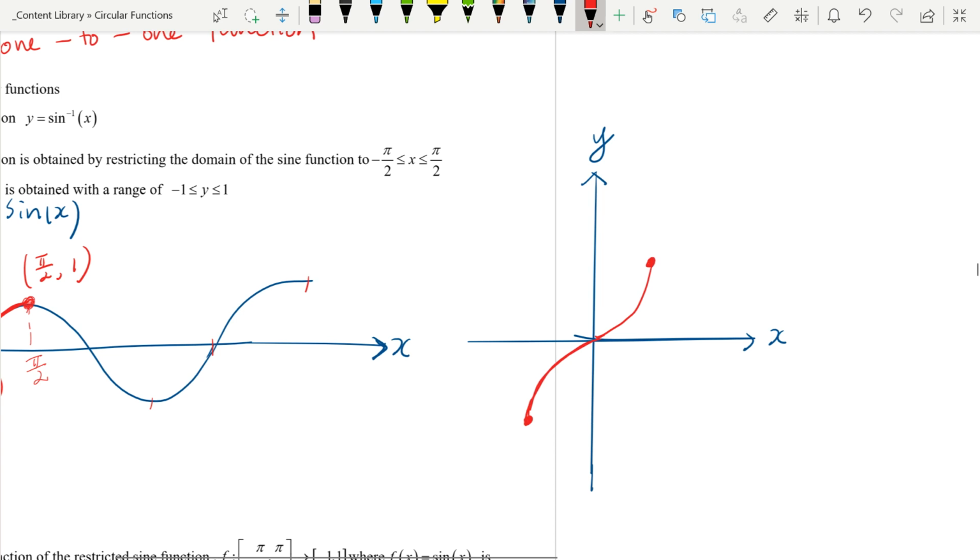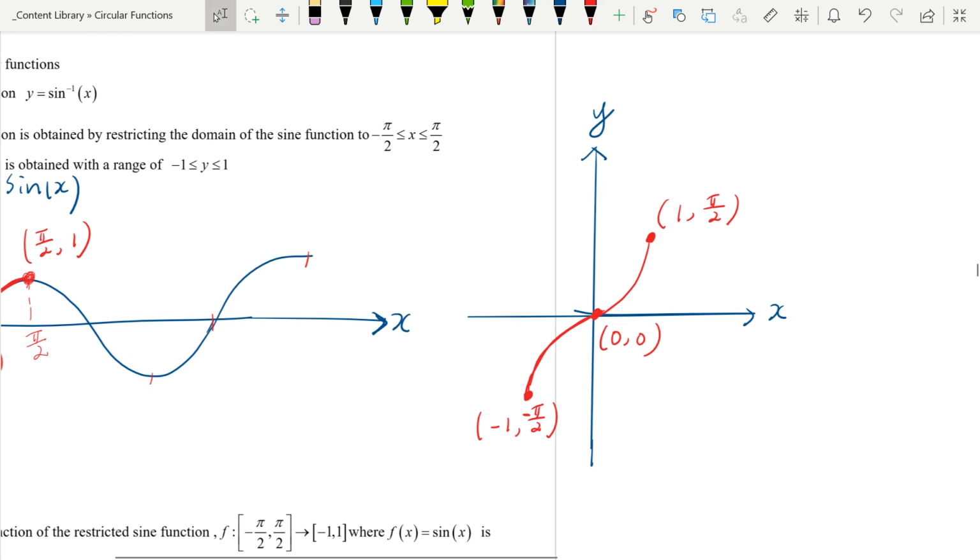Reflecting by y equals x means you swap the x and y values. So this point becomes 1, pi over 2. This point becomes 0, 0, staying at 0, 0. And this point is negative 1 and negative pi over 2.